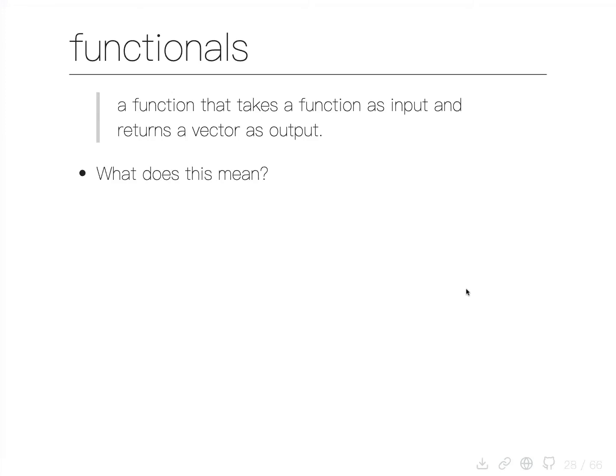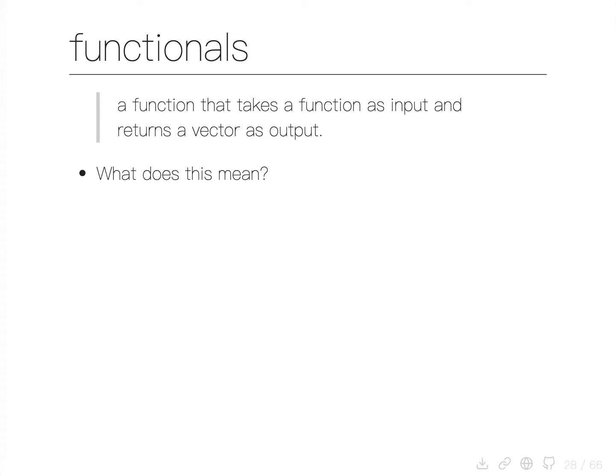All right, here we go. On to purrr. Functionals. We talked about this a little bit when I introduced lapply, but a functional is a function that takes a function as one of its inputs, and returns a vector as its output.